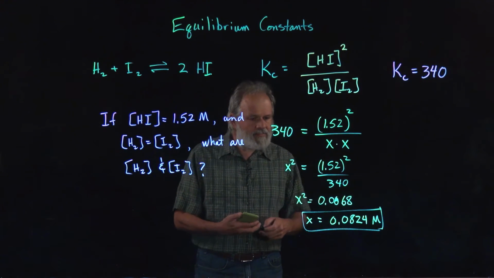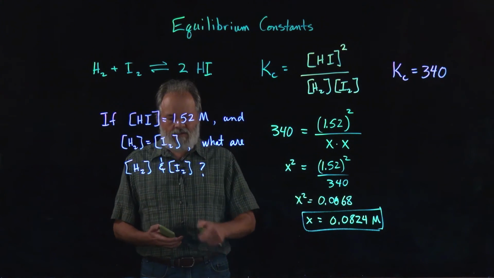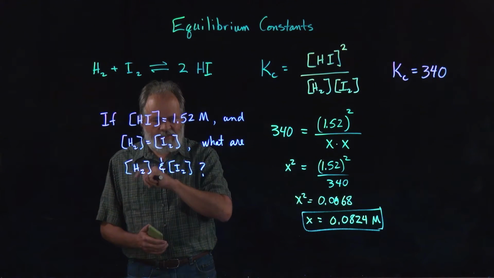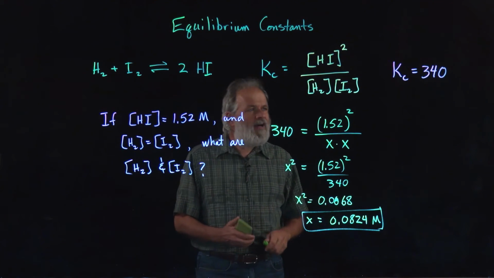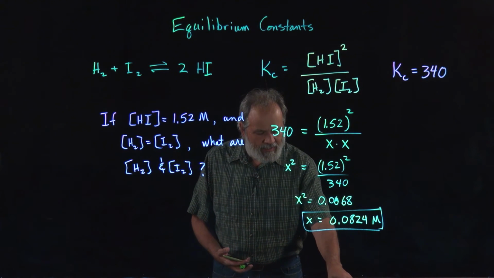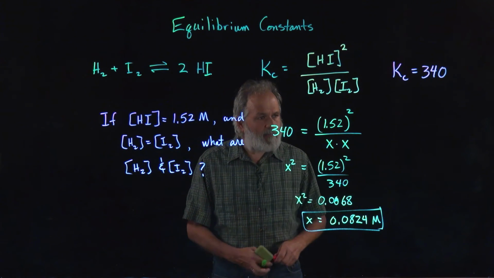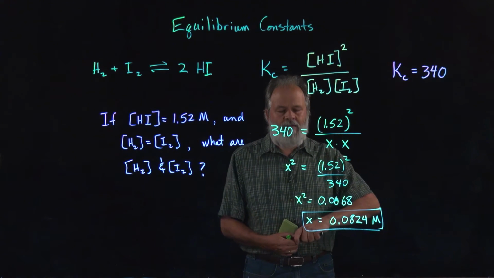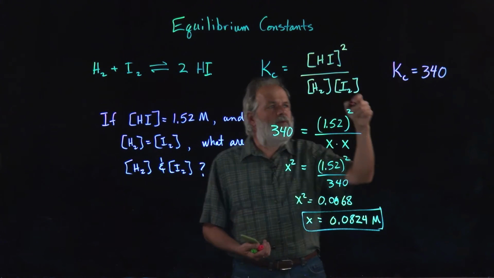That's what we expect. All right, so 0.0824 molar, 0.0824 molar, 1.52 molar. All right, so the last thing to do, and it's important if you have the time, is to actually check that this number is correct, okay?